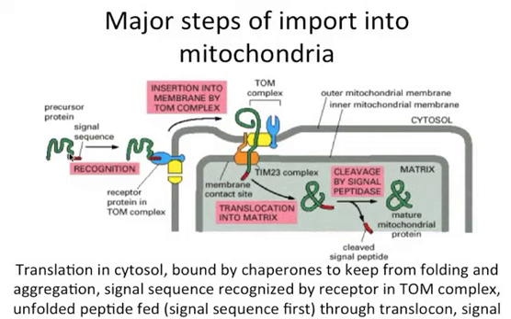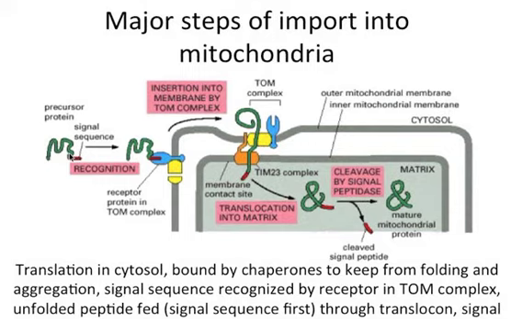So, major steps of import. Translation in the cytosol, because it's post-translationally imported. And then it's bound by chaperones, just like when you think about post-translational import into the ER, bound by chaperones to keep from folding and aggregating. Then the signal sequence is recognized by a receptor that's associated with the Tom complex. So that's shown right here.